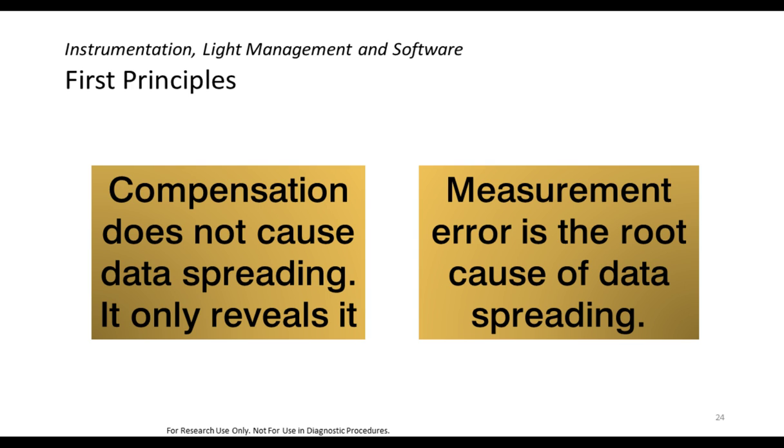So these are the two principles that I'd like to focus on. First of all, compensation doesn't cause data spreading, it only reveals it. And the measurement error is the root of the data spreading. So it's the root cause of data spreading. Let's look at how instrument design can influence these two principles.